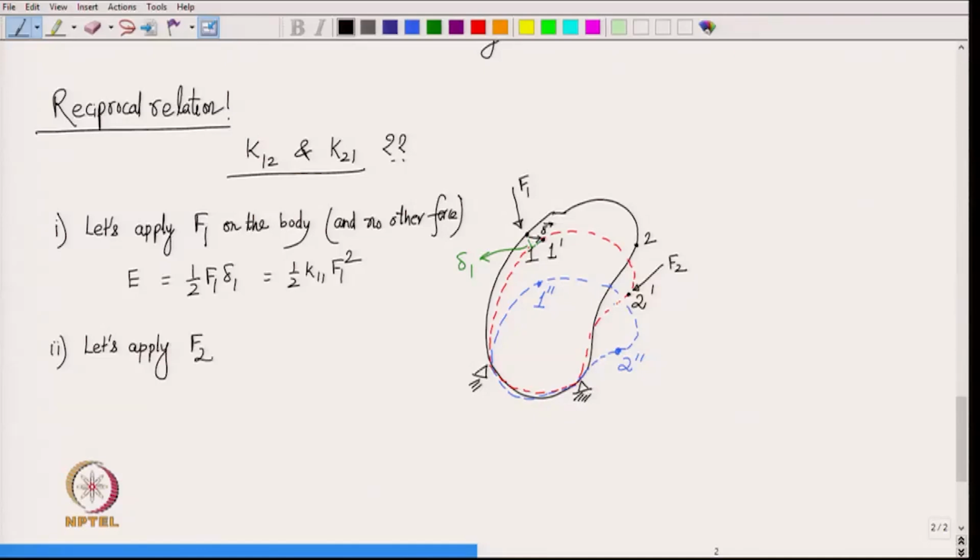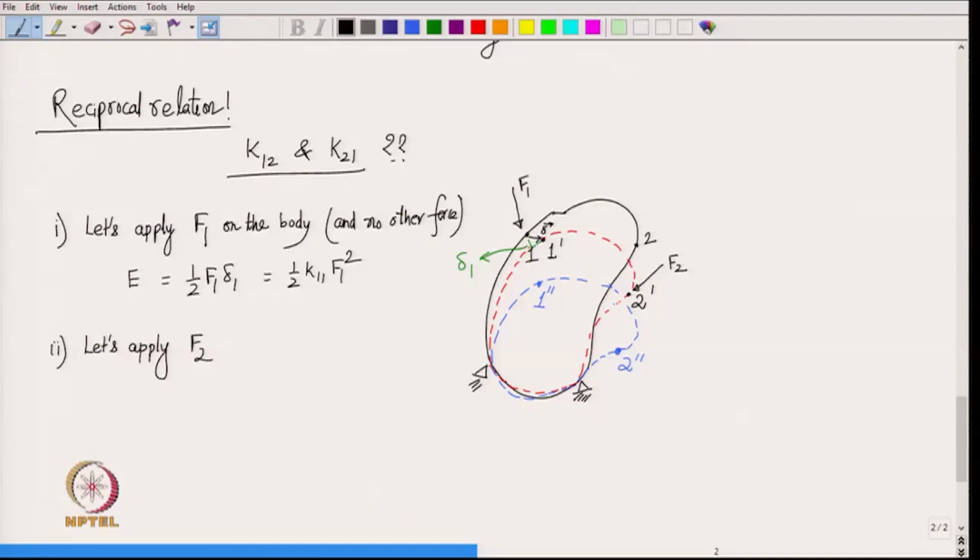So, in going from step 1 to step 2, force F1 was acting fully, is not it? So, whatever is the additional displacement from 1 prime to 1 double prime, the force F1 acts completely when that extra displacement was happening.